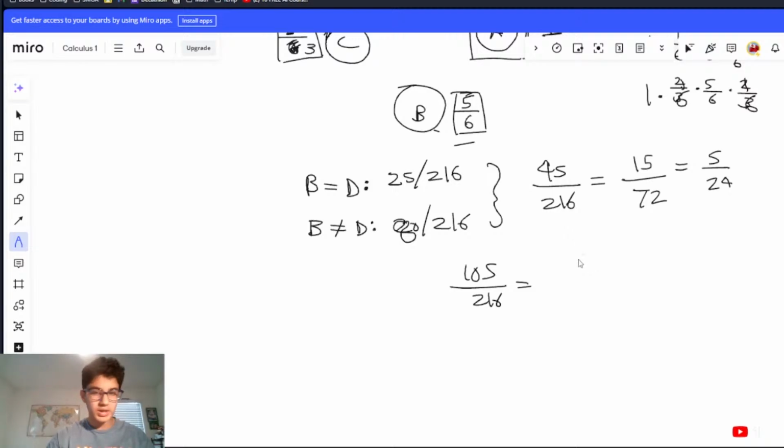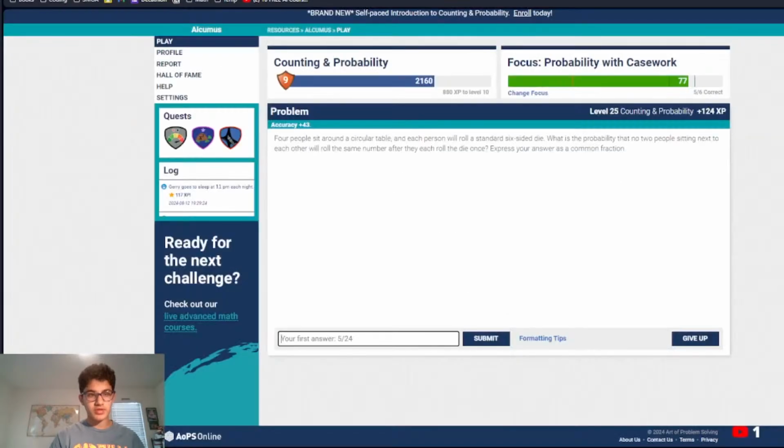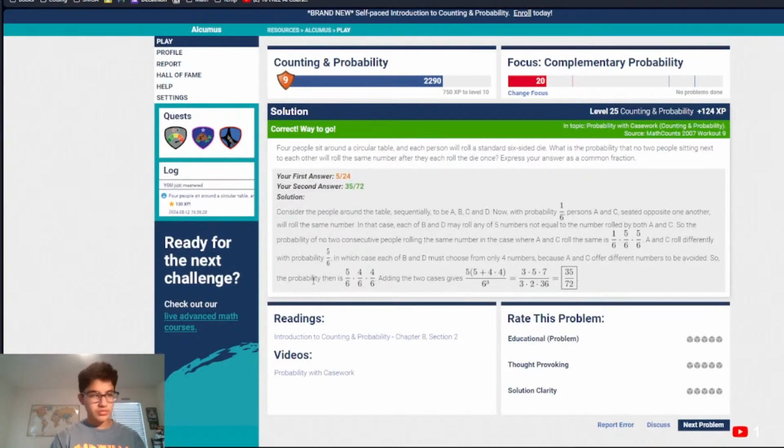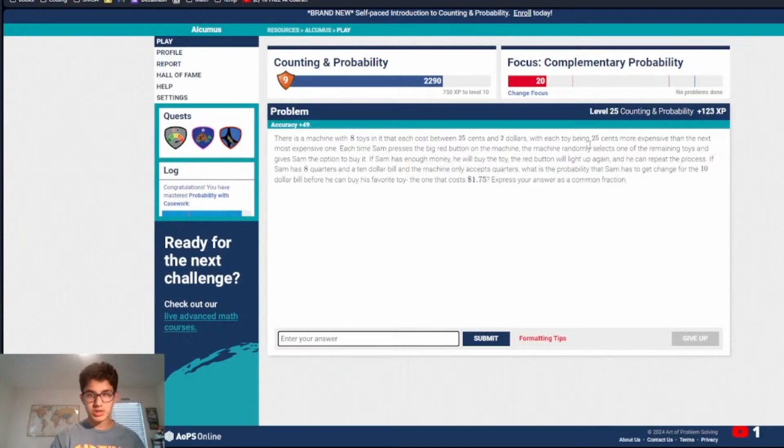We can only take out a 3, which will give you on top 35, and in the denominator, you'll get 72. So it's just below half, 35 out of 72. Perfect. Got it. We're done with that section as well now.